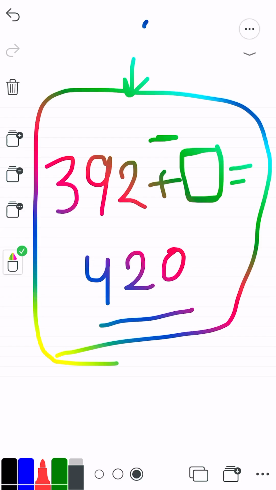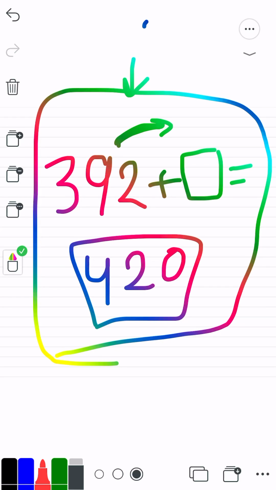You subtract the bigger number minus the smaller number, or you count on from the smaller number in tens until you reach the bigger number. So 392 plus what equals 420? Pause the video and send me the answer after you work it out.